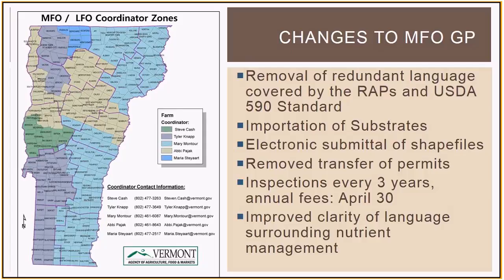As I said, inspections for MFOs are now every 3 years, and they do have an annual fee that they must submit with their annual report by April 30th every year. Overall, we just try to improve the clarity of the language as much as you can in any permit. So it still is a bit complex, and these are all the changes we made to the draft, and we're still discussing and trying to finalize that.